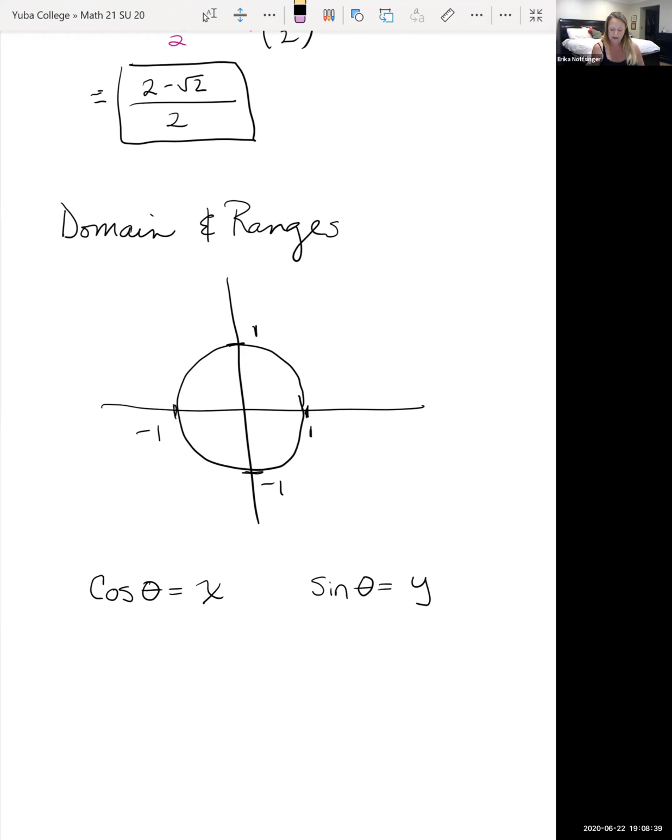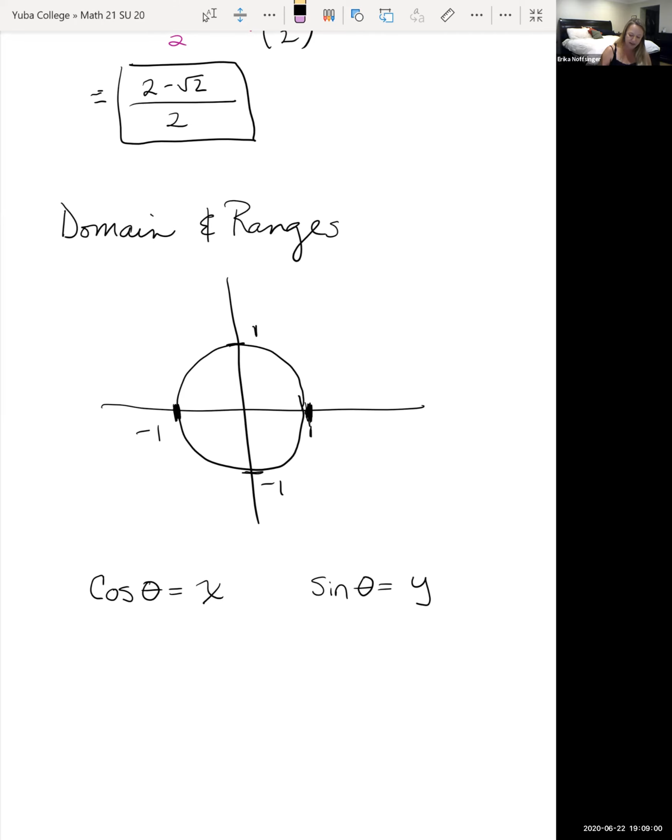What is the smallest and largest x values that we get back? So notice on this, we're hitting all x values from -1 to all x values of +1.